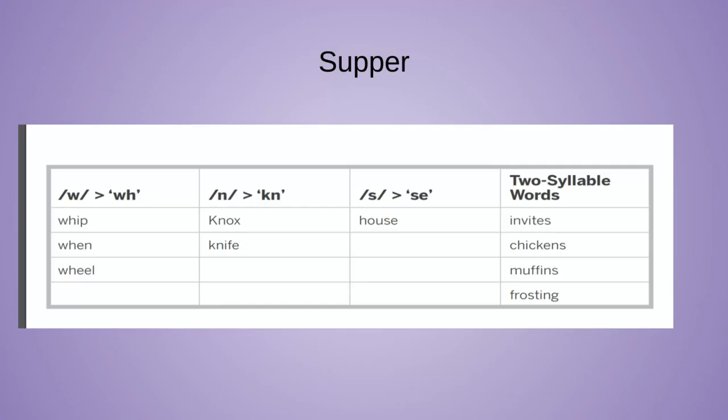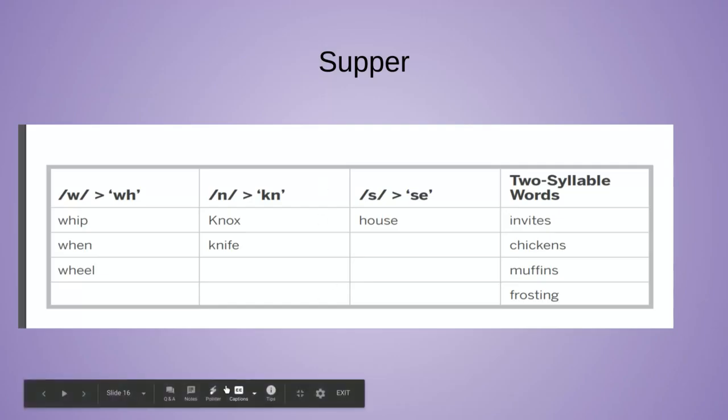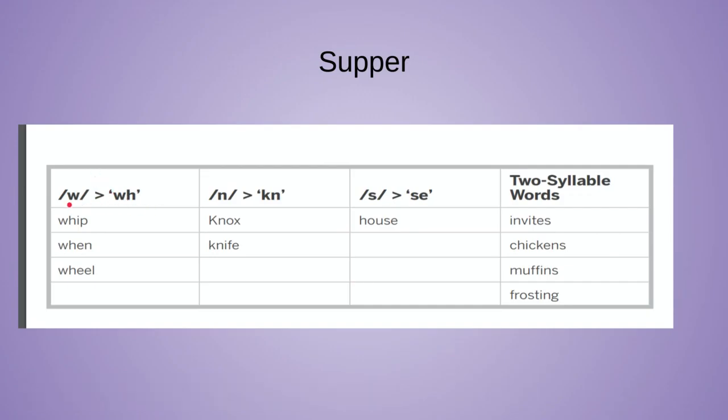And here are some of our spellings that we need to know before we can read our story. I'm ready to turn on Mr. Pointer here. Okay, so we are working with the W sound made with WH. We have whip, when, and wheel.